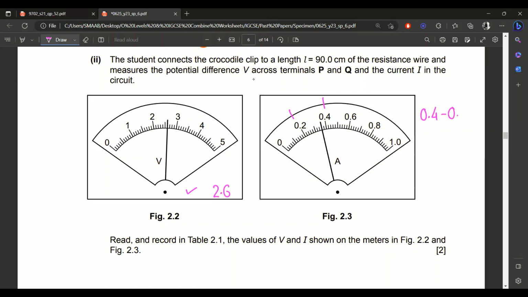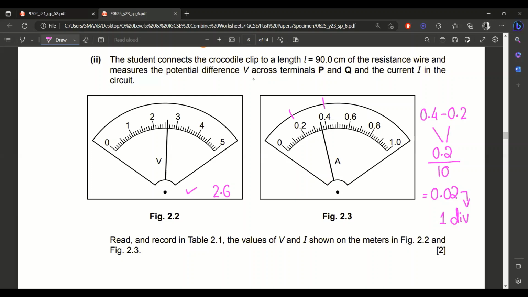If we subtract 0.2 from 0.4, we get 0.2. So there is a difference of 0.2, and it is divided into 10 equal divisions, right? Yes. So if we further divide by 10, we get 0.02 for each division. So one division is 0.02.